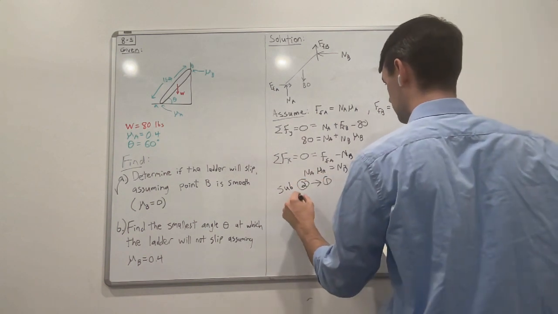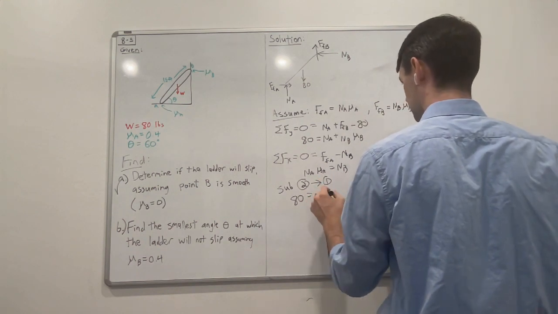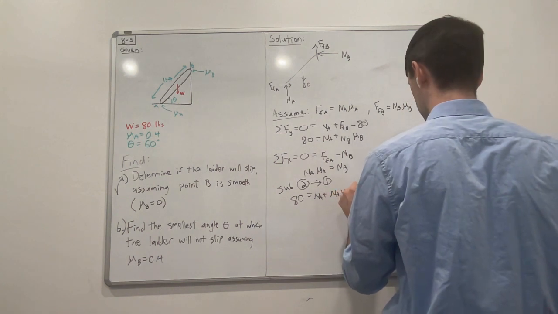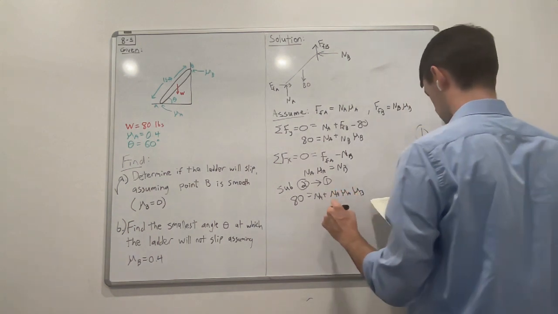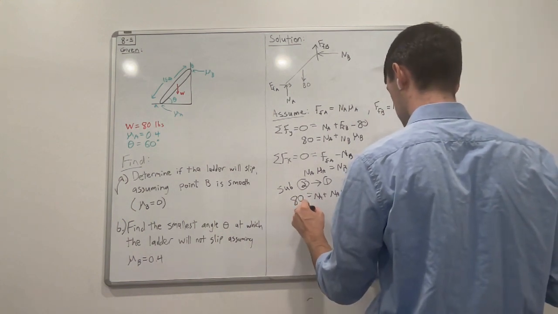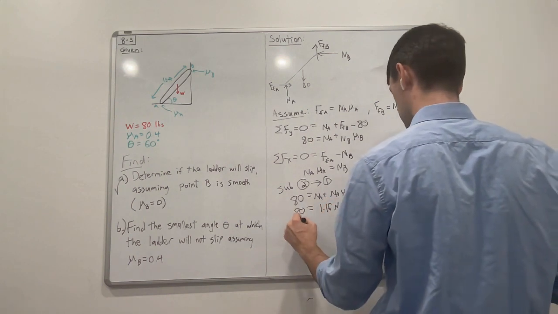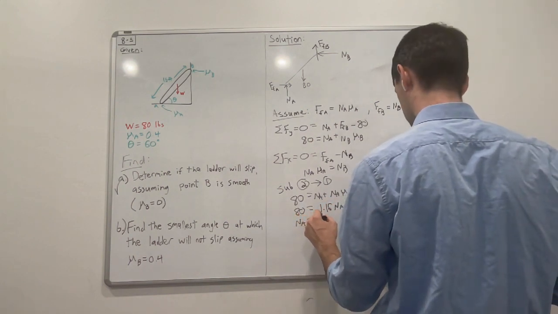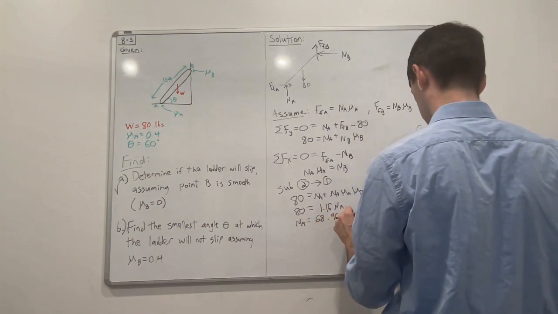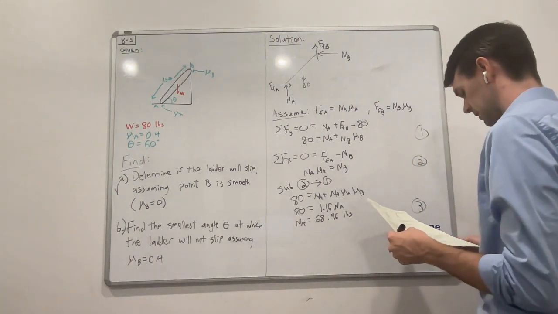We get 80 equals NA plus NA mu sub A mu sub B. And when you do all that math, you end up getting 80 equals 1.16 NA, and NA therefore equals 68.96 pounds. All right. And I'm going to run out of room on this board very quickly.